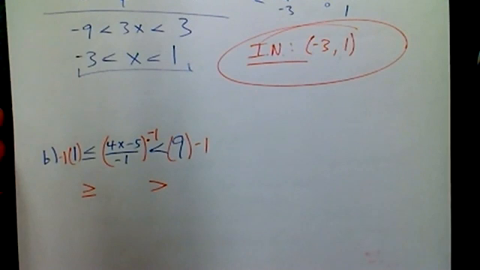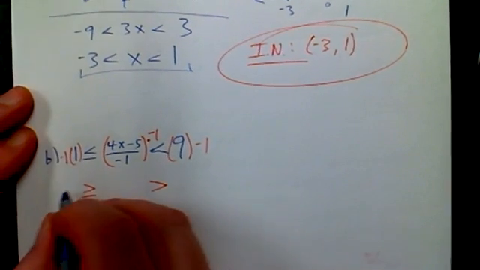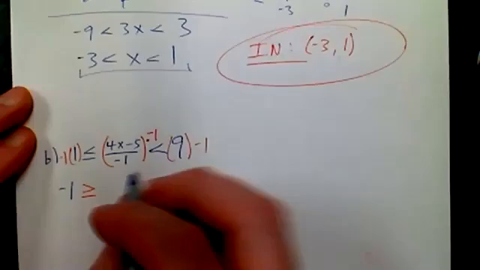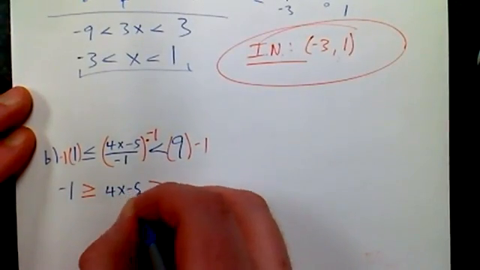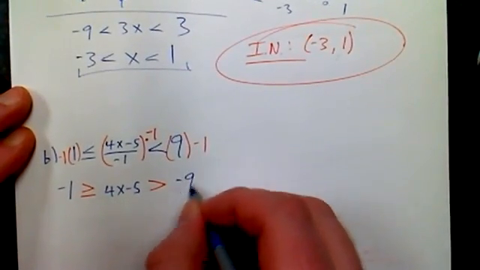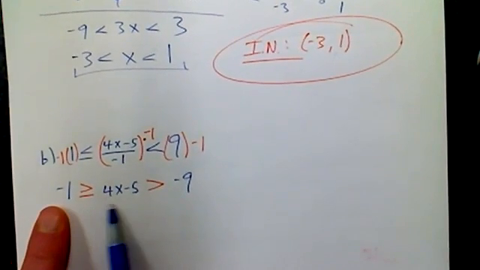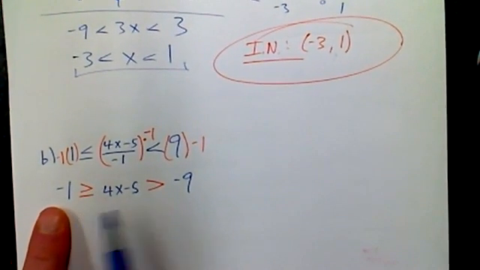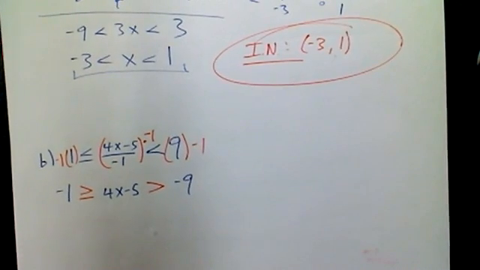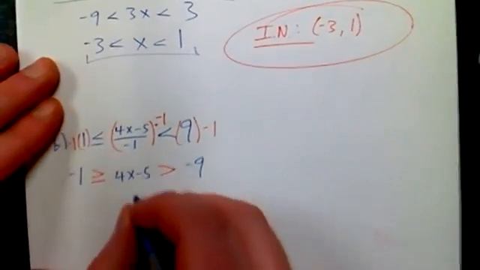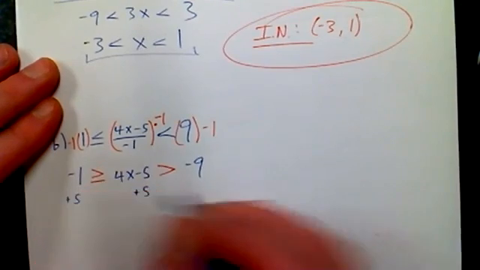Okay? So now I have negative 1 is greater than or equal to 4x minus 5 is greater than negative 9. And that makes sense because negative 1 is greater than negative 9. If I want to flip these, this wouldn't make sense. From here, same deal as last time.